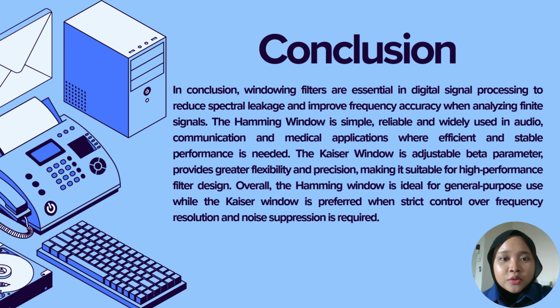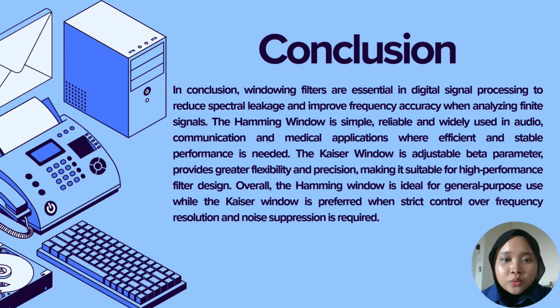In conclusion, windowing filters are essential in digital signal processing to reduce spectral leakage and improve frequency accuracy when analyzing finite signals. The Hamming window is simple, reliable, and widely used in audio, communication and medical applications where efficiency and stable performance is needed.